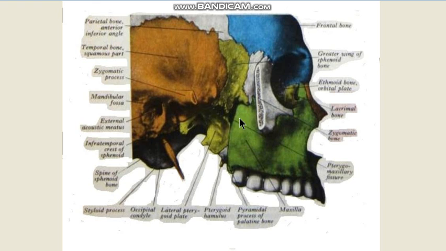In this picture what you can make out is posteriorly the maxilla is in contact with the pterygoid process of the sphenoid, and this gap below between the pterygoid process and the body of the maxilla is filled in by the pyramidal process of the palatine bone.